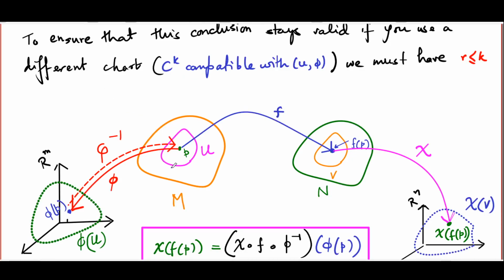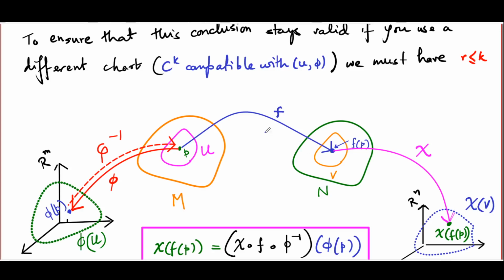So it has charts, in particular it has a chart U which contains the point P, which we are interested in right now. U, of course, is the domain of the chart and the map is phi. So point P acquires coordinates given by phi of P. We can call these coordinates x1, x2, up to xm, the coordinates of the point P.